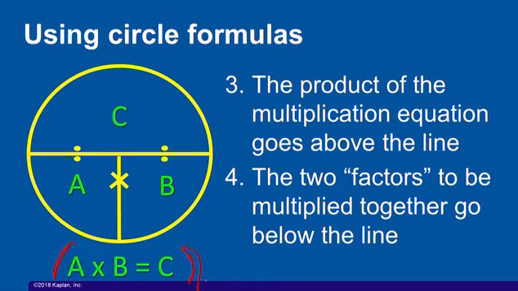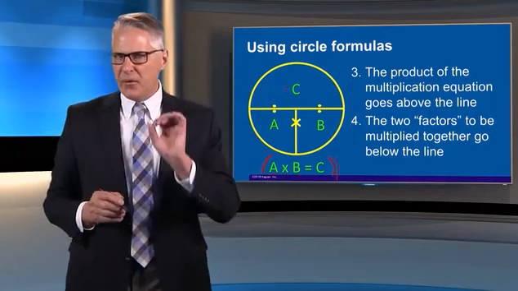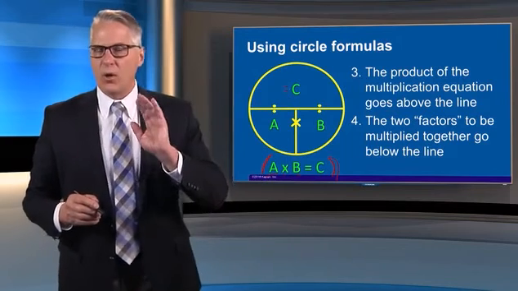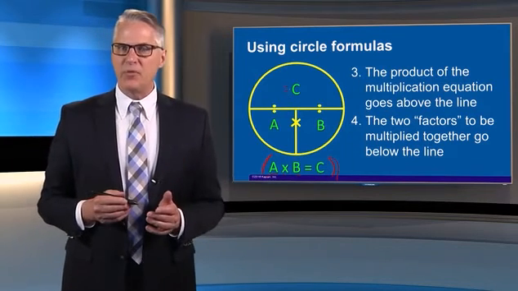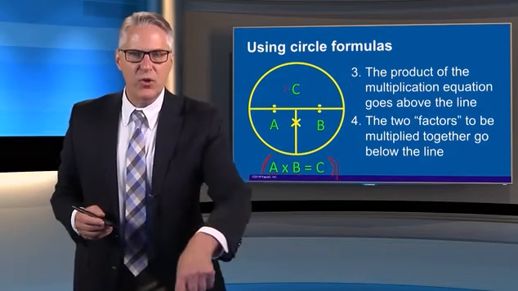So when I put together a T-graph or a circle formula for this equation, A times B equals C, the product, the equals thing, goes up on top. This is key. If you can remember this, it's going to go a long way to helping you on any math problems you might encounter. A times B equals C can be written into a circle formula like that.